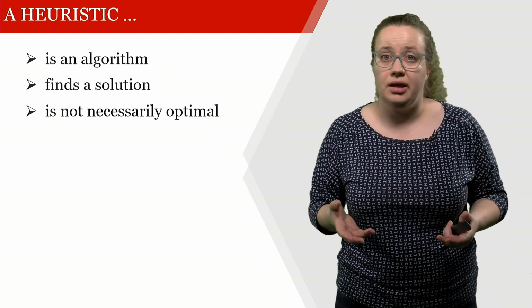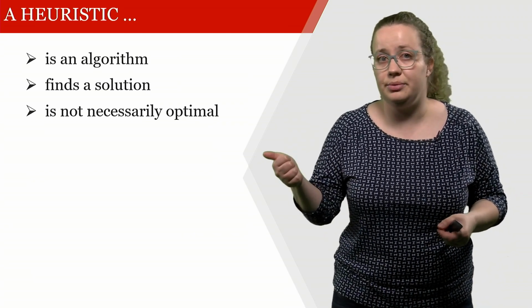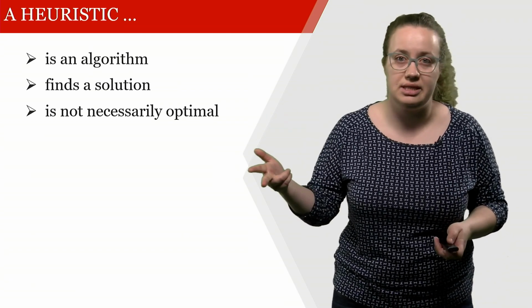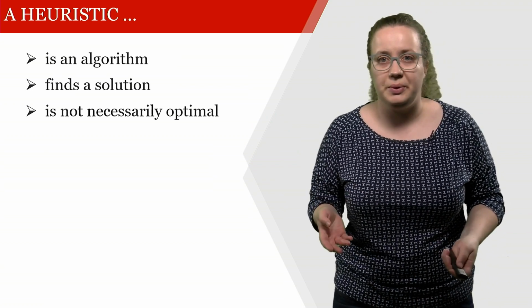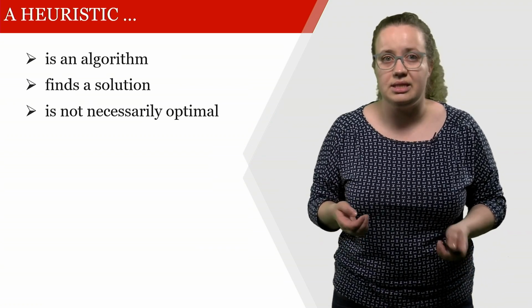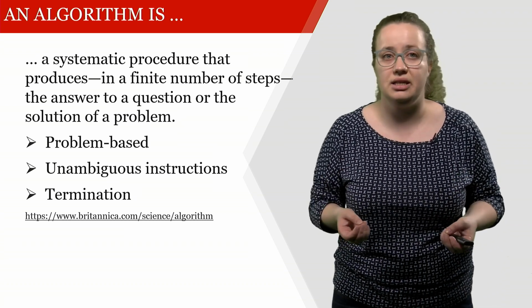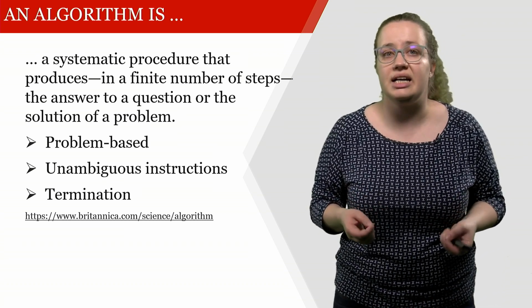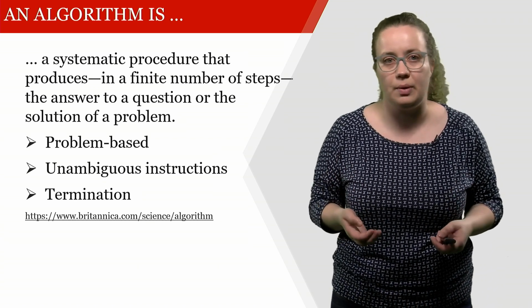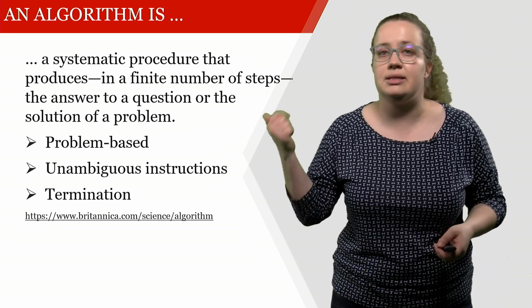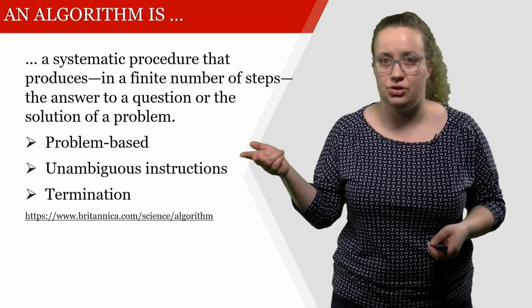So a heuristic, if we bring it to the point, is an algorithm that finds a solution and is not necessarily optimal. Then, of course, we quickly need to understand what an algorithm is. An algorithm is a systematic procedure that, in a finite number of steps, produces the answer to a question or the solution of a problem. So it's problem-based, it's an unambiguous set of instructions, and it terminates eventually.